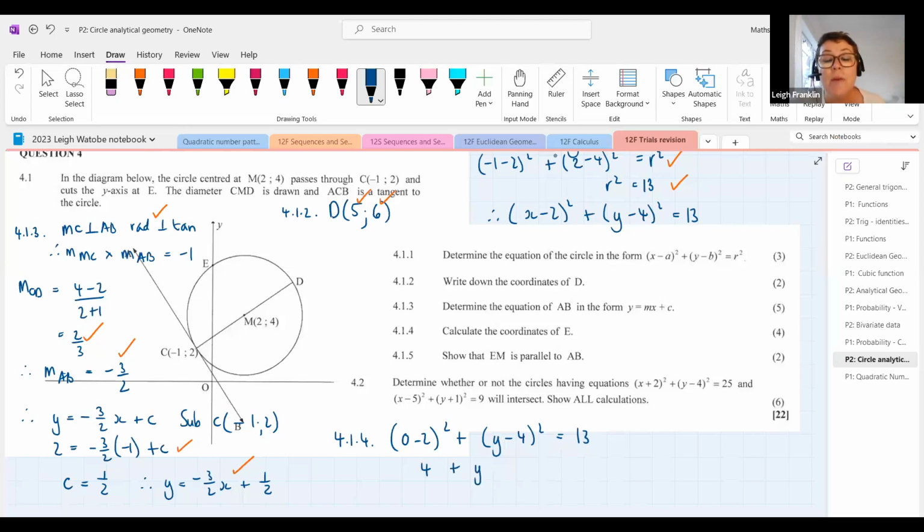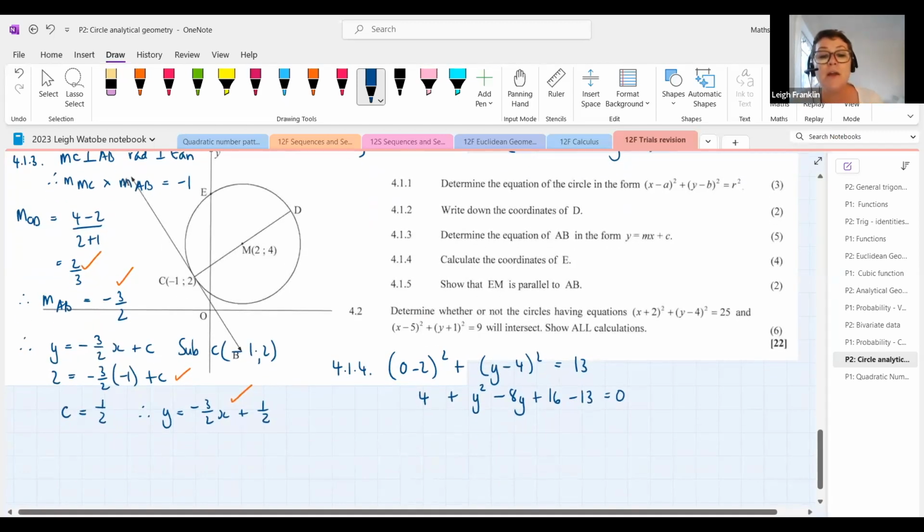And then here, remember, when you square a binomial, it means y minus 4 times y minus 4. Don't forget about that middle term. You can't just square the first term and square the last term. Plus 16 minus 13 equals 0.